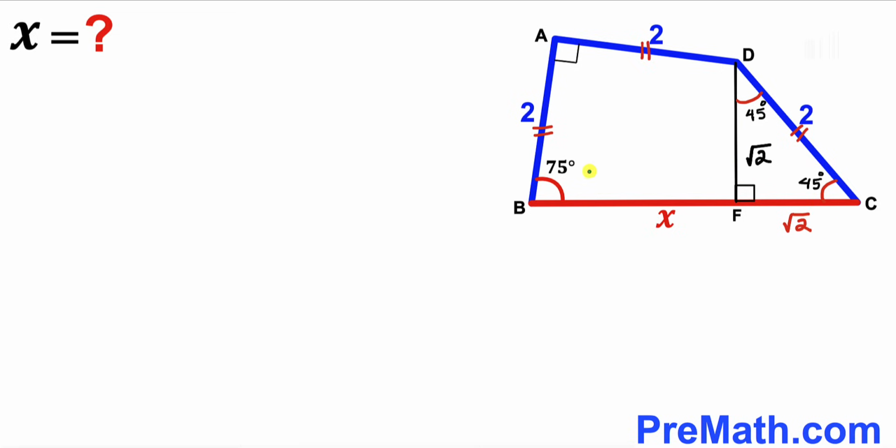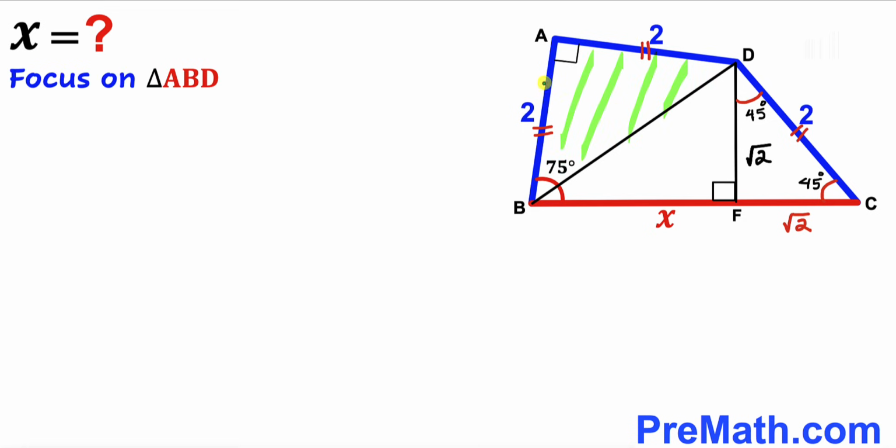And now in this next step, I am going to connect these two vertices B and D, as you can see in this next step. And as a result, we end up with these two triangles, this triangle BFD and this triangle ABD. And now let's focus on this triangle ABD. We can see that this is an isosceles triangle, since this side length is equal to this side length.